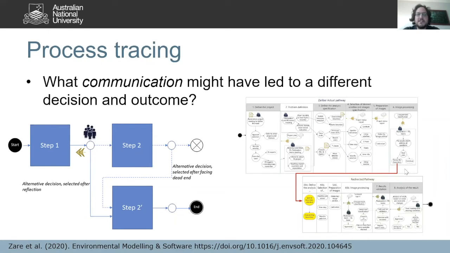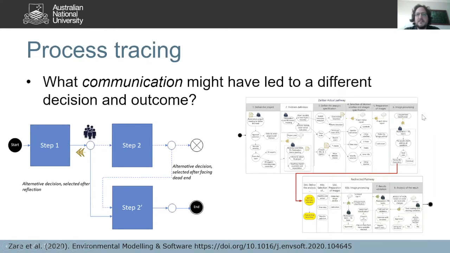So we're not just saying, what different decision could we have made, but in a team context, how could we actually have changed the way that decision was made, and what communication would have actually led straight to decision 2 prime.